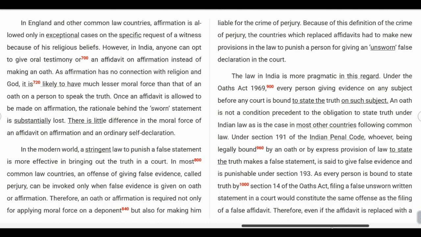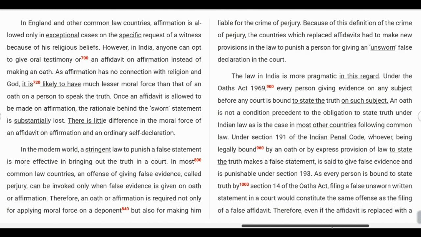Under Section 191 of the Indian Penal Code, whoever, being legally bound by an oath or by express provision of law to state the truth, makes a false statement, is said to give false evidence and is punishable under Section 193.